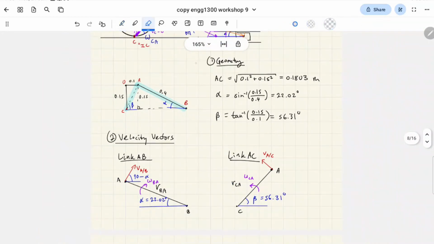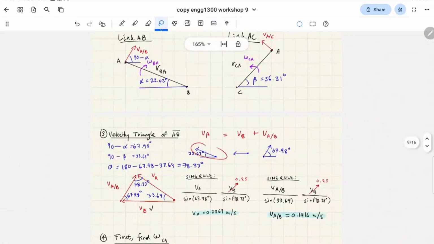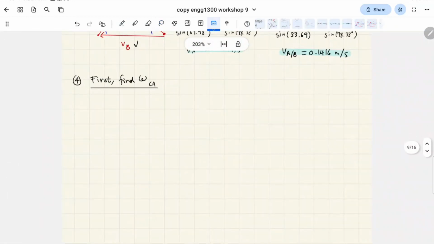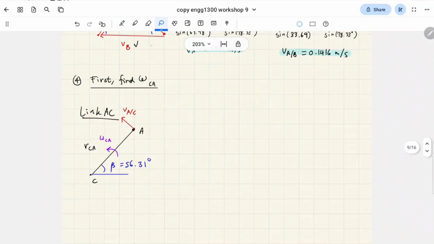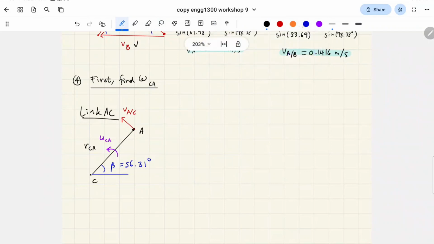So I might copy that actually. So since C is fixed, this is what I was talking about a second ago.